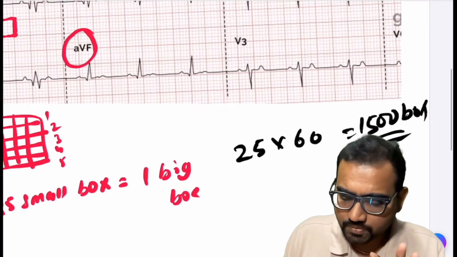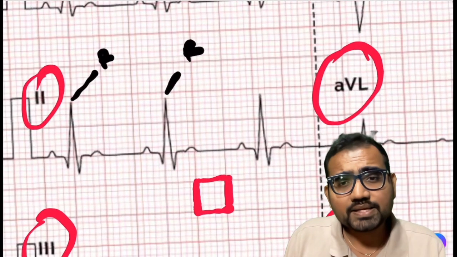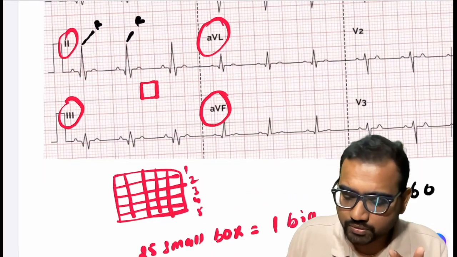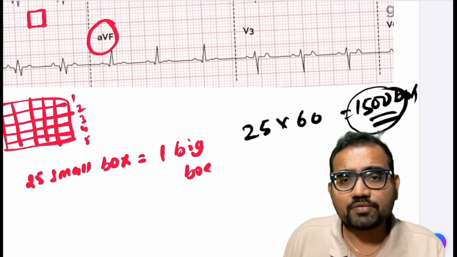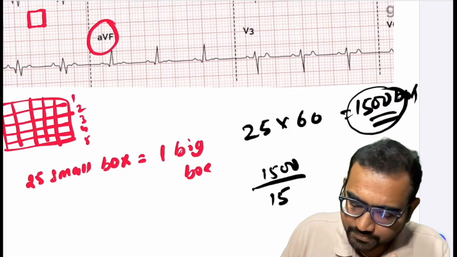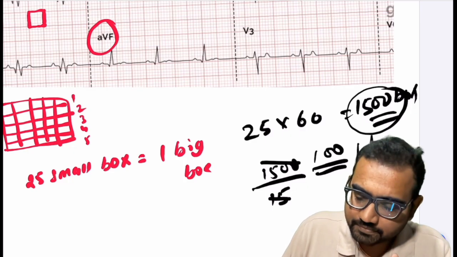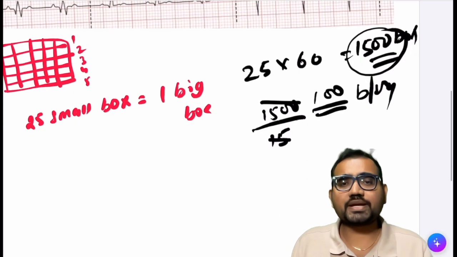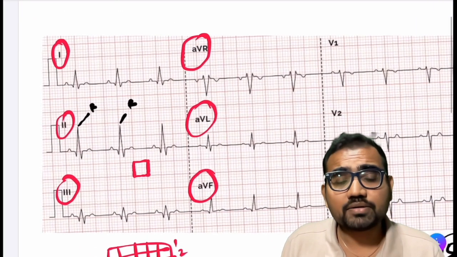How many boxes do I see between two R waves here? It is 15. So I'm going to divide 1500 by 15. In this patient I see 100 beats per minute. This is how you calculate a heart rate.